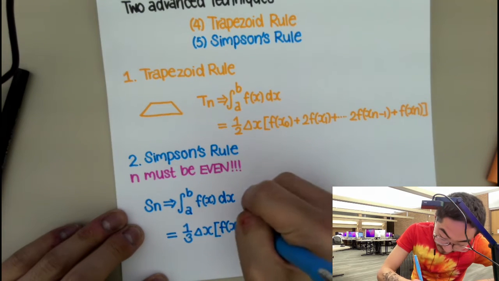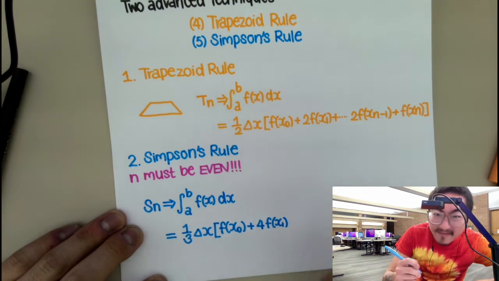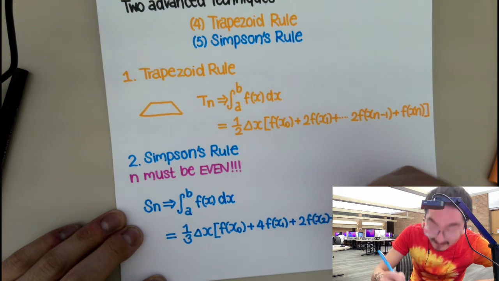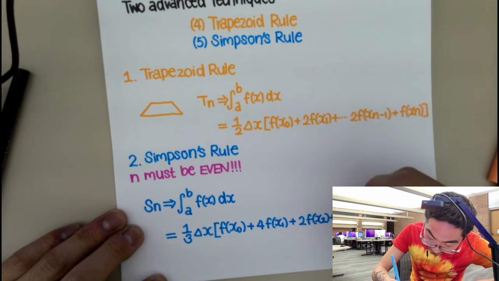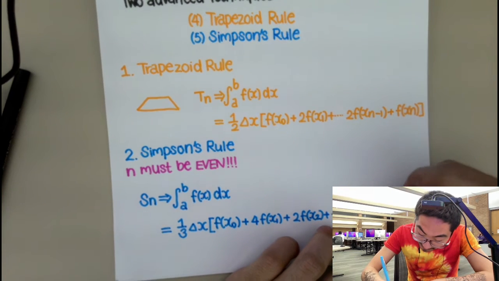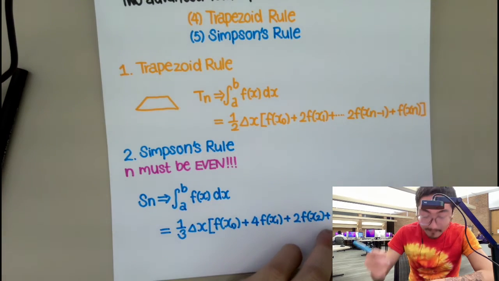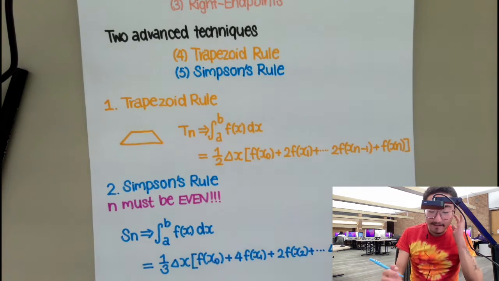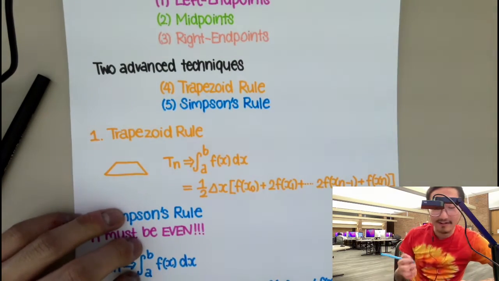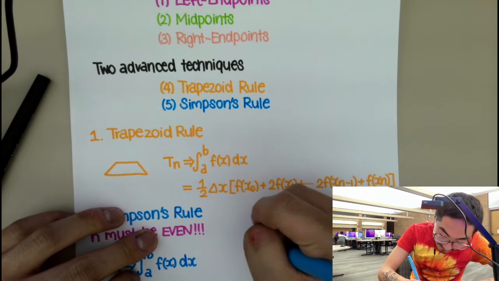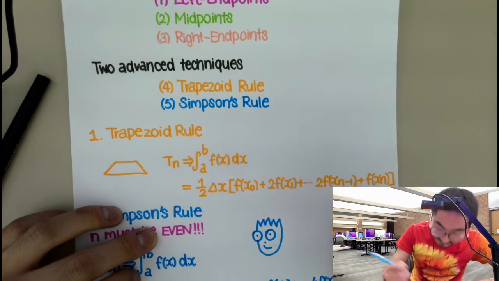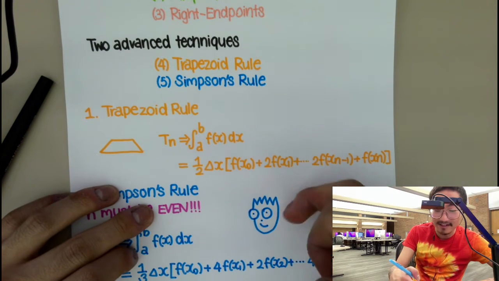And then we have 4 f(x1), plus 2 f(x2), and so on, then 4 f(x_{n-1}), plus f(x_n), the last point. Simpson's rule follows the pattern 1, 4, 2, 4, 2, 4, 1. You can remember it like Simpson's hair: going up, down, up, down.